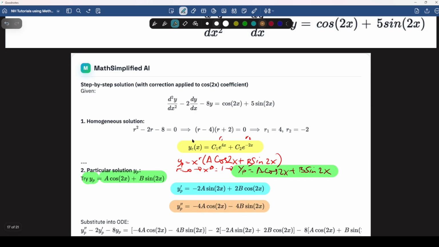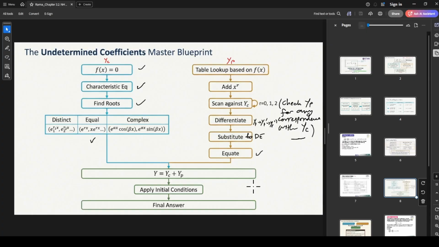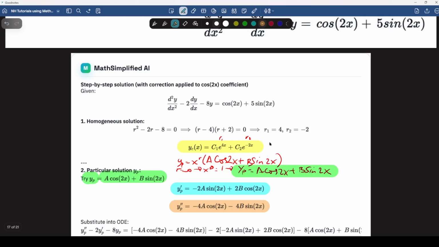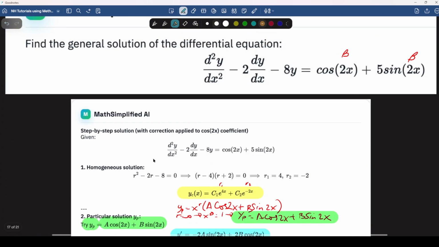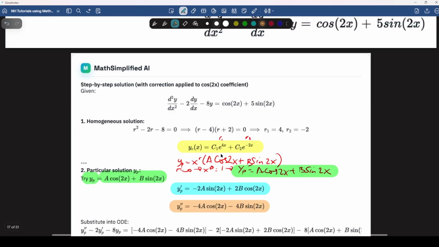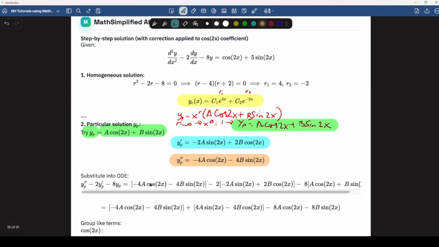And again, just like before, after differentiation we do the substitution into the original differential equation, which was y double prime minus 2y prime minus 8y.